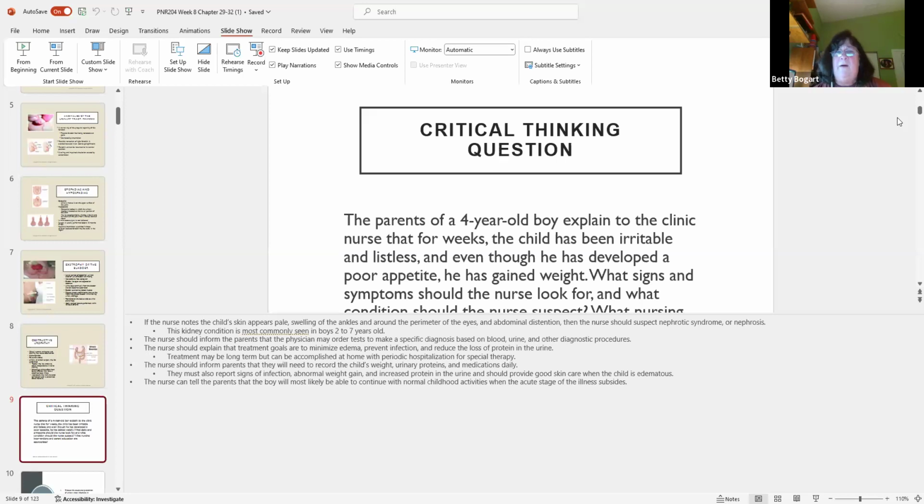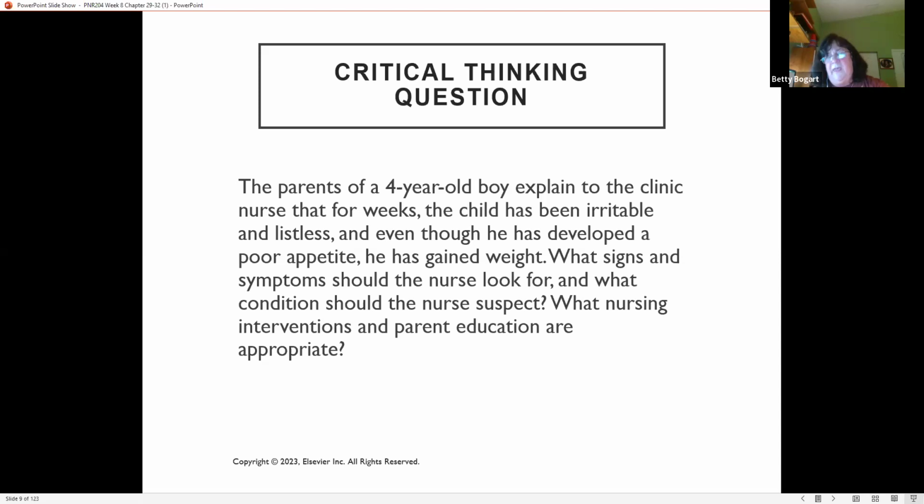Whenever you talk about anything to do with fluids, you're monitoring intake, output, daily weights. So that's what that question was talking about. And the interventions again are making sure of fluid restrictions, being careful with salt intake, and of course monitoring their weight at home.